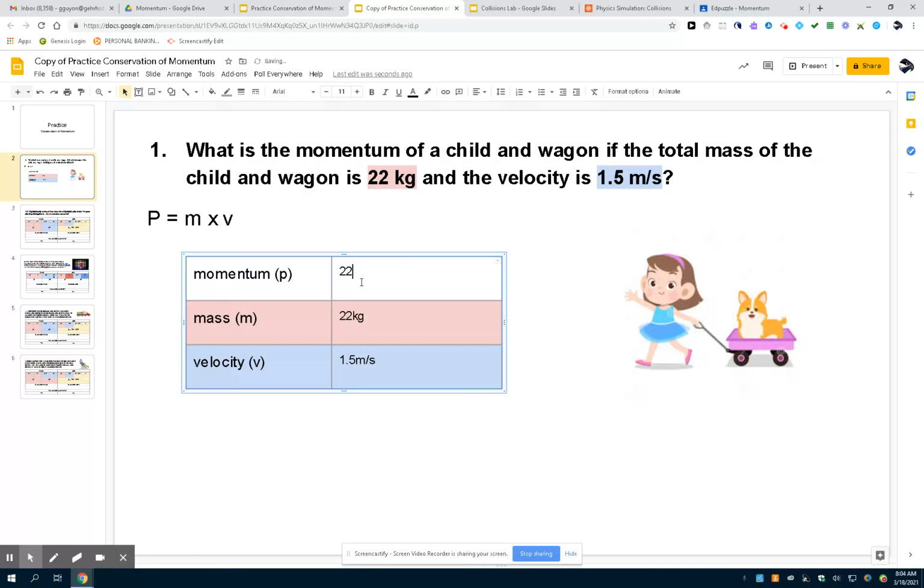So it's just 22 times 1.5, and we get 33. The unit for momentum is just kilogram meters per second. And that's it for the first one.